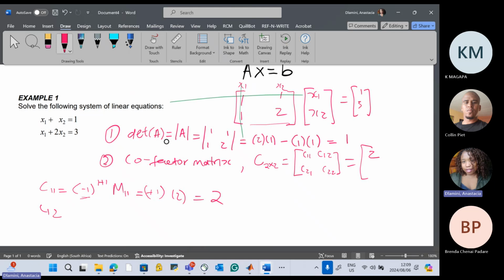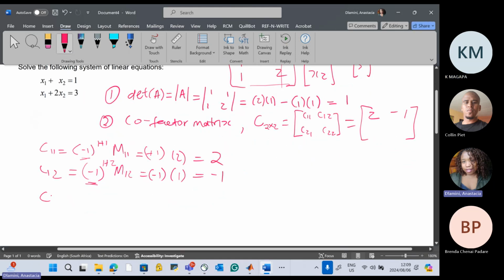C12. First row, second column. Then we are left with 1. So the answer here will be negative 1 to the power 1 plus 2 times M12, which gives us negative 1. And this is 1, so this will be negative 1.